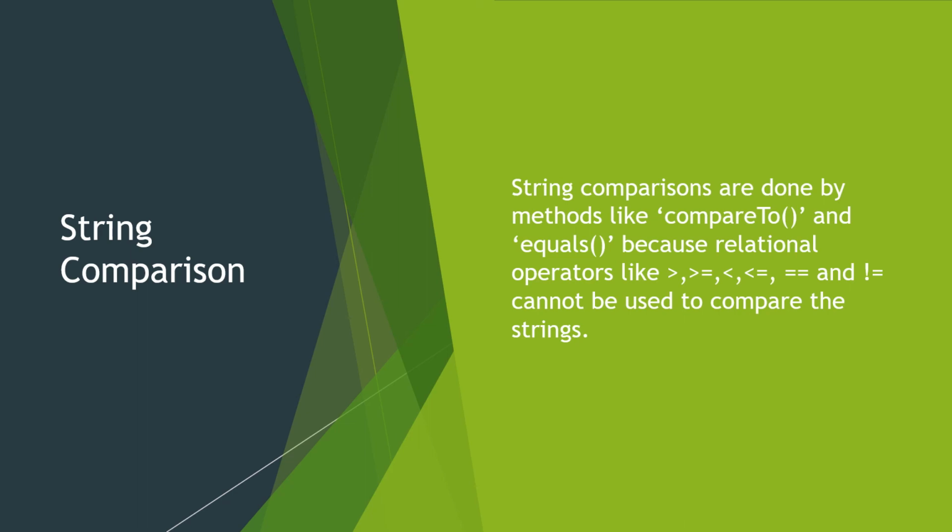This is because whenever an object is created, a hexadecimal number is assigned as an object reference for the memory address of the object. So even if the two strings' values are the same, the relational operator cannot give us the correct result, because it compares the object references of the two strings, not the values contained in them.